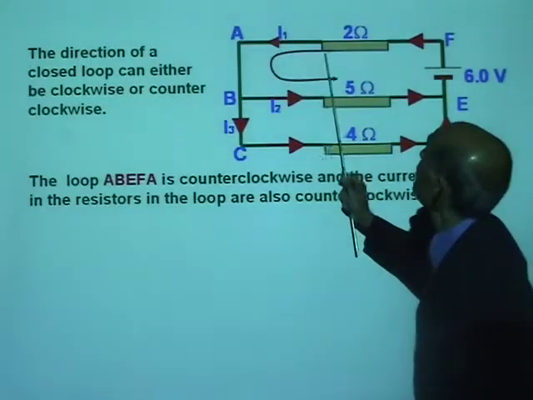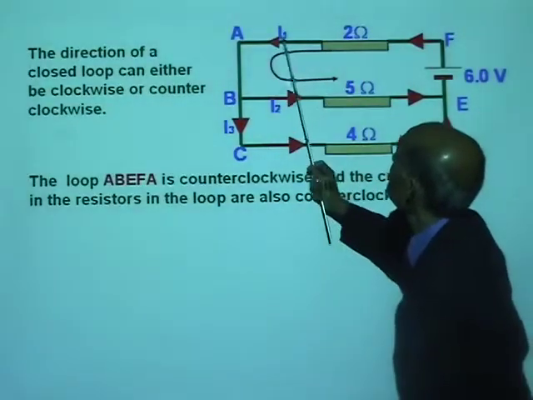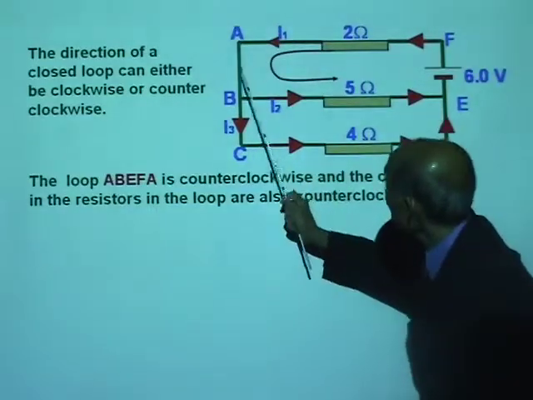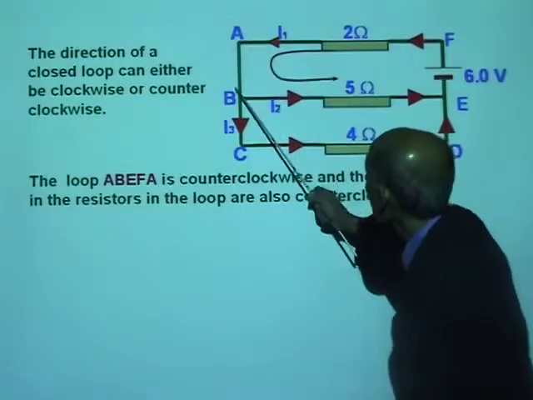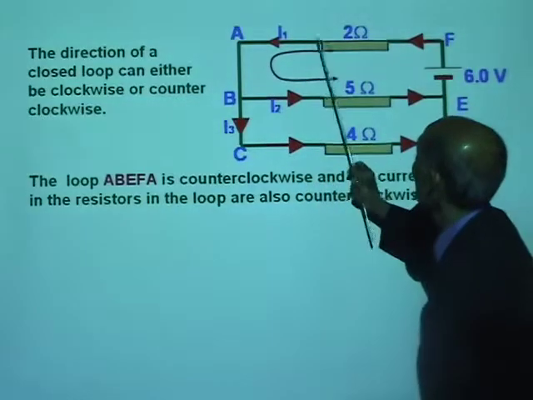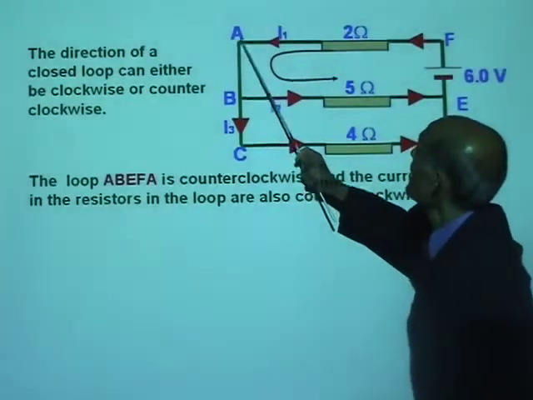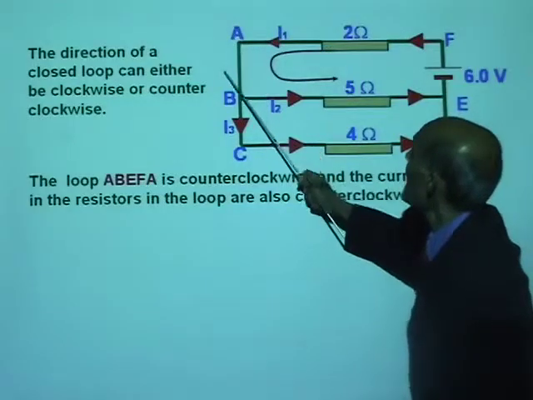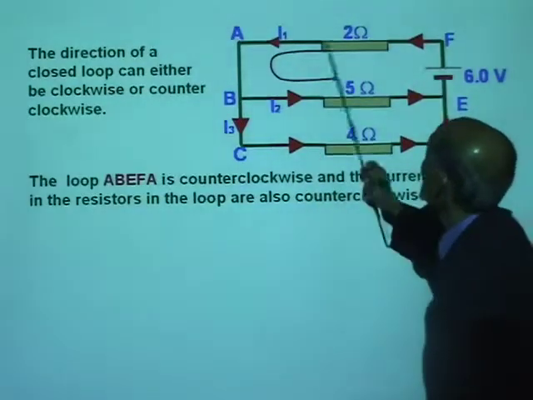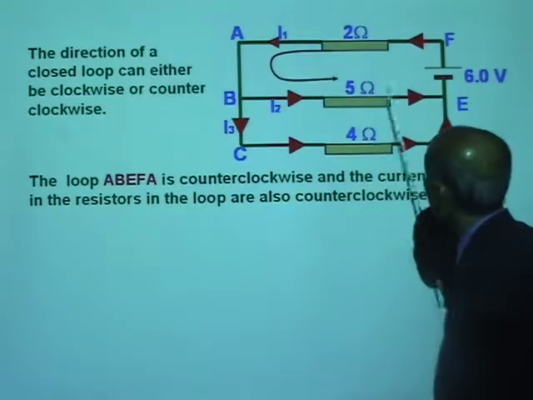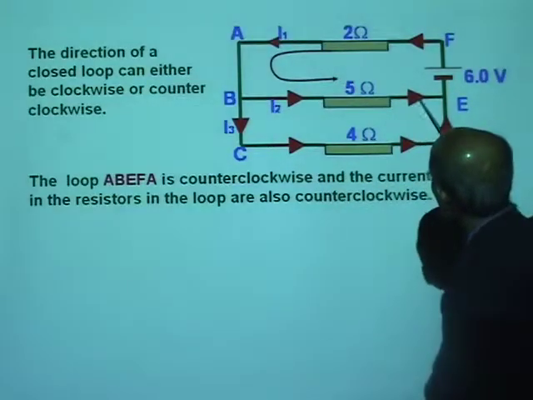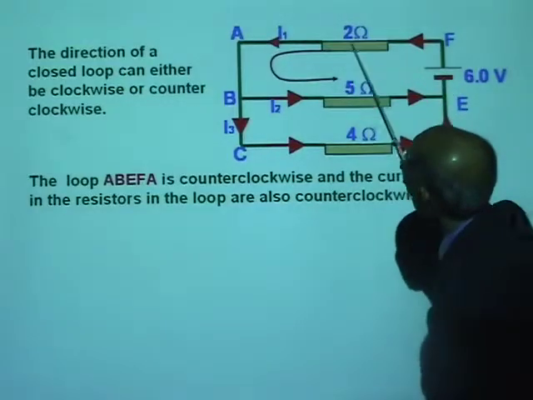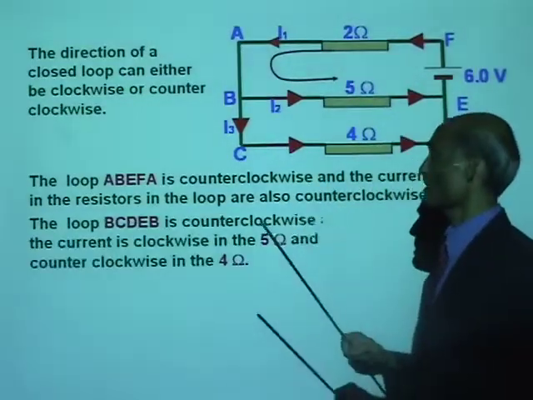I traced it out this way, counterclockwise. So the closed loop A, B, E, F, A is counterclockwise, and the current I2 flows in the same direction, I1 also flows in the same direction.